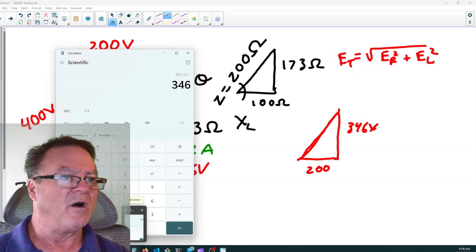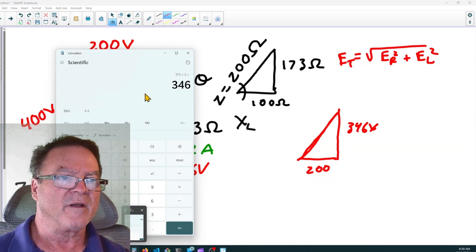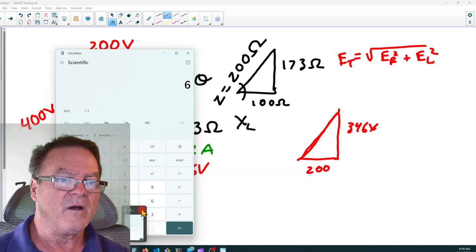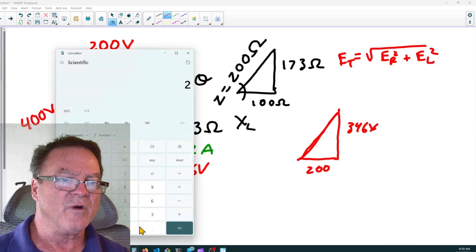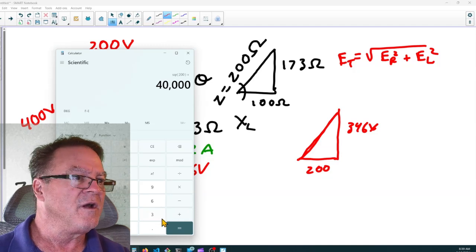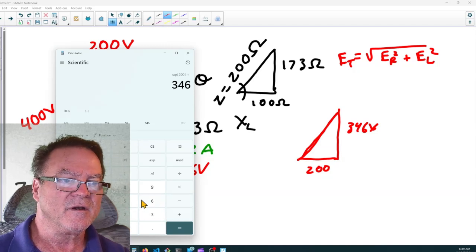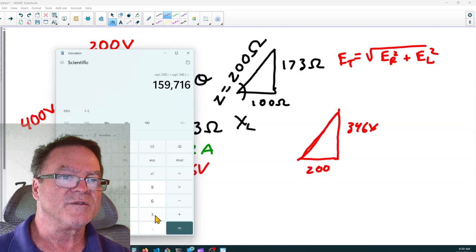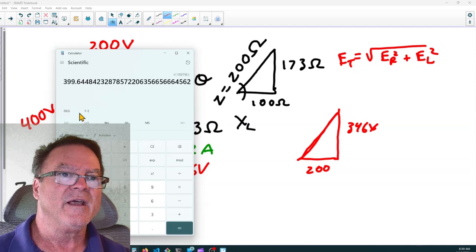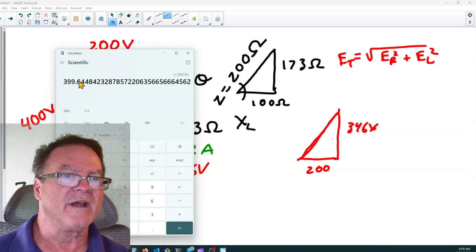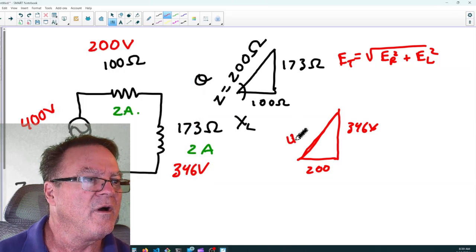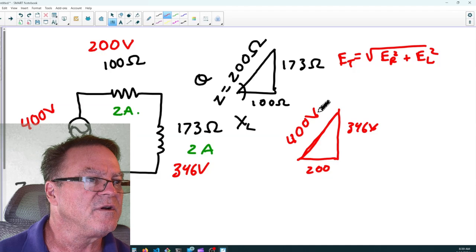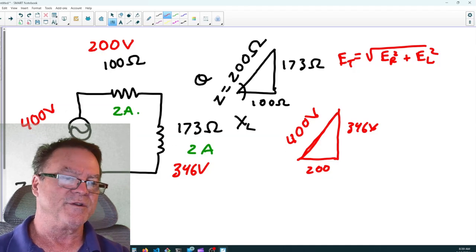And we'll do 200 squared plus 346 squared equals, and then we'll take the square root of that. And it's right at 400 volts. How do you like that? Okay. So here we are, 400 volts of source voltage.